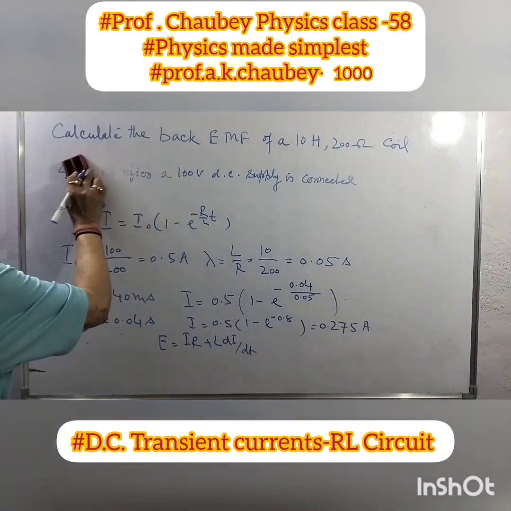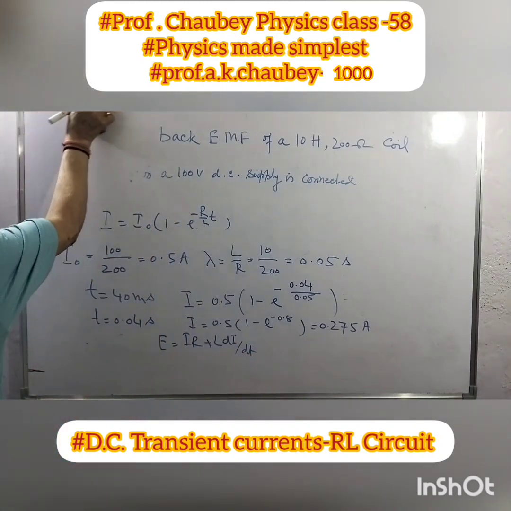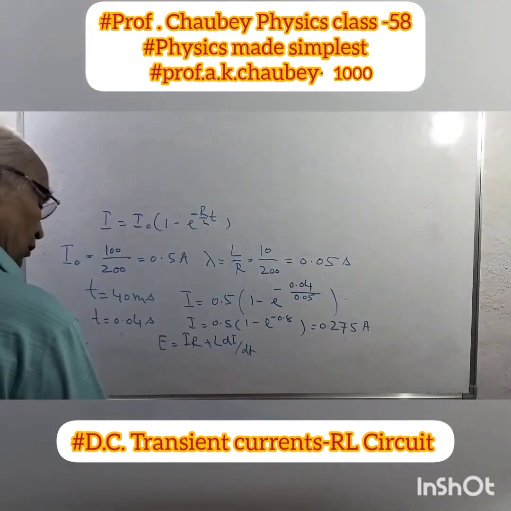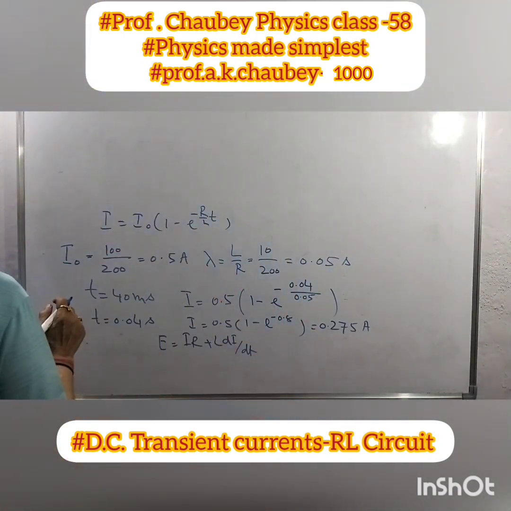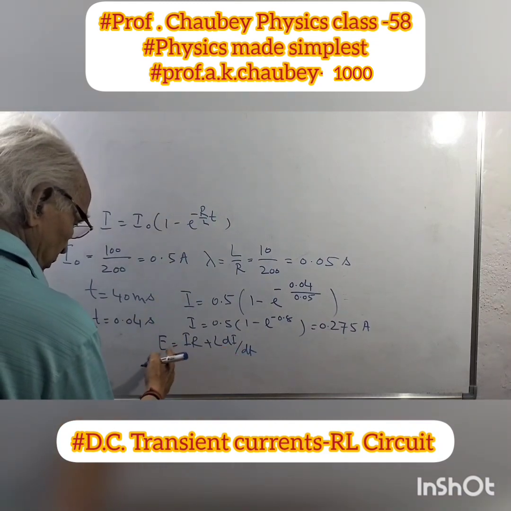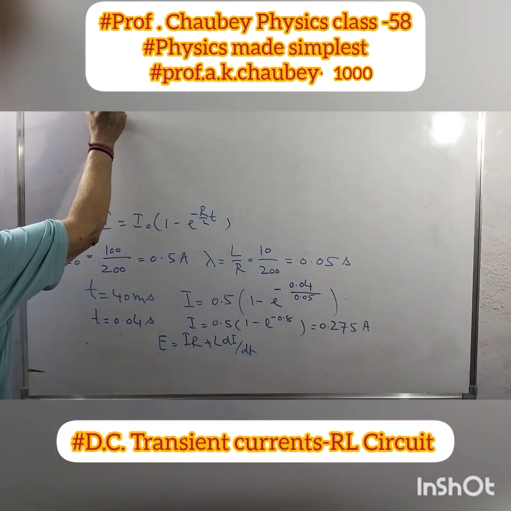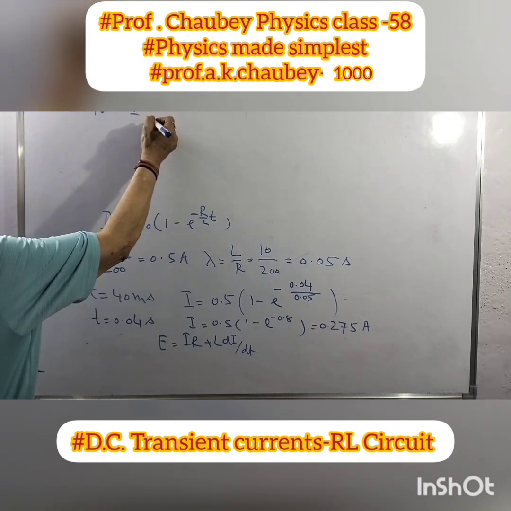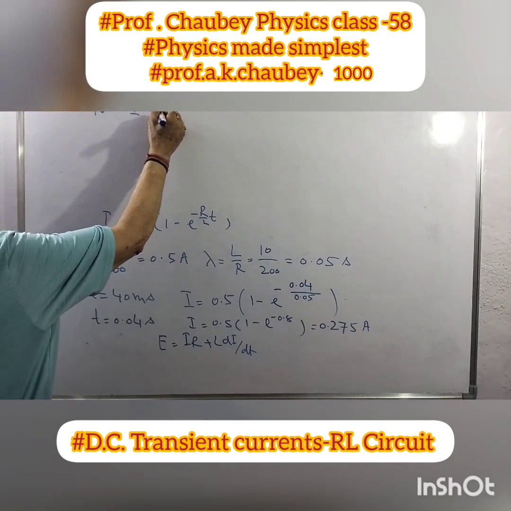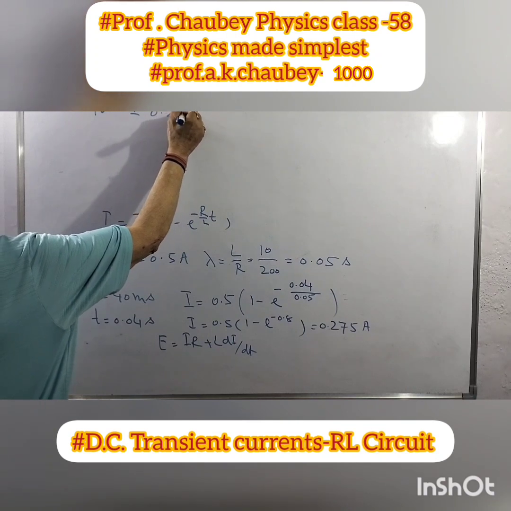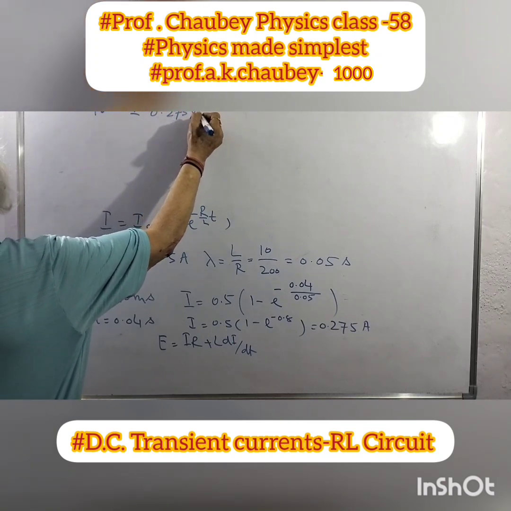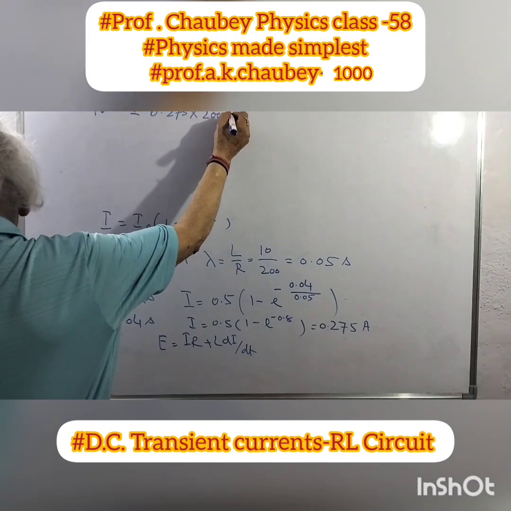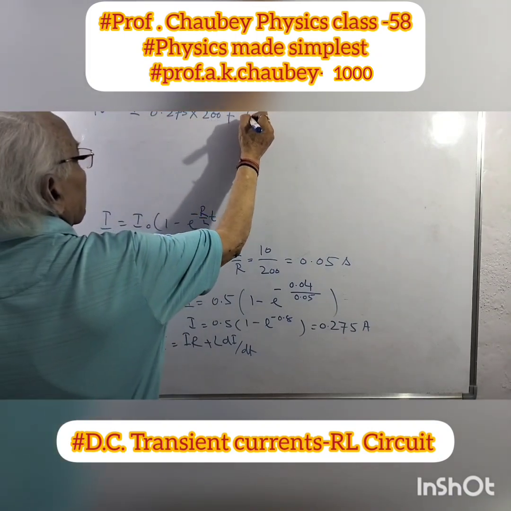So from this, E is equal to 100, since 100 volt would be applied. IR is 0.275 after 40 milliseconds, and R is 200, plus L di dt.